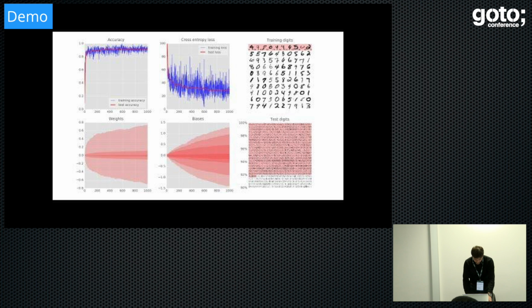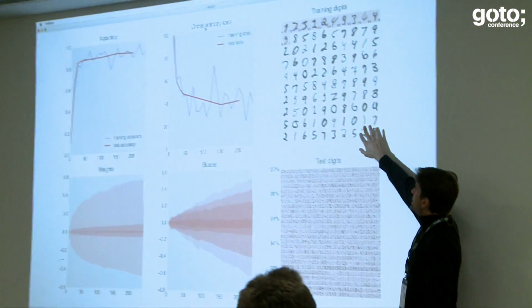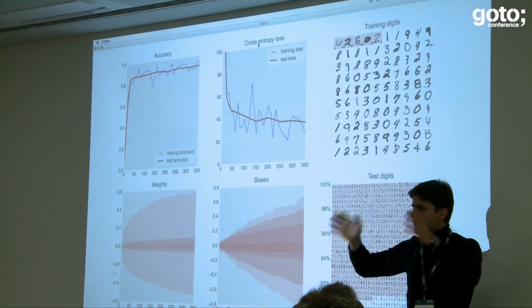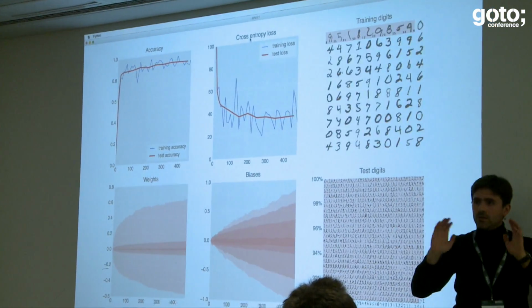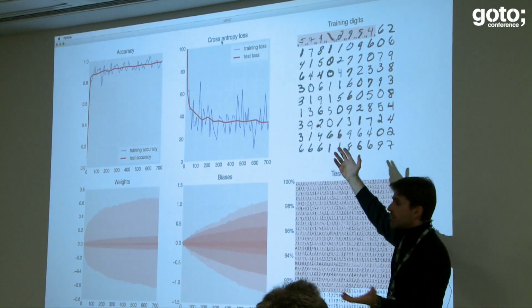And now, let's leave mathematics and let's see a demo. Let's try to train a system. So here I'm training this neural network. What you see here are my training digits. I'm throwing 100 digits at a time at this system. And in red, you have those that are badly recognized.